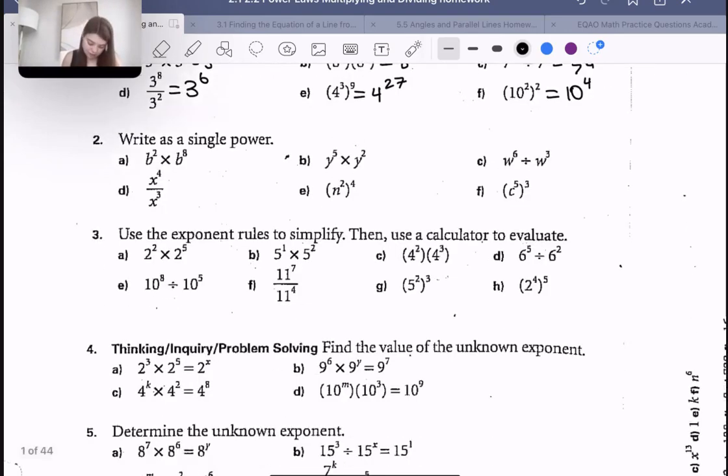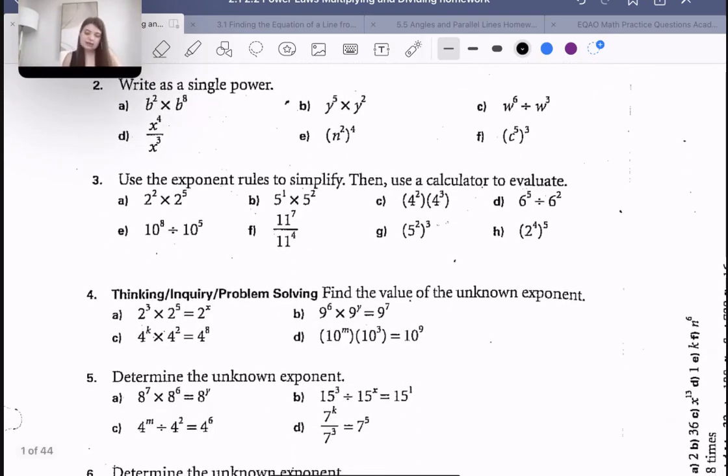So number 2 is the same as number 1, except rather than having actual numbers, we're just going to have variables to work with. So here we have some base b squared times the same base to the power of 8. Well, that's going to be b to the power of 10, right? Because we're adding the exponents. Good.